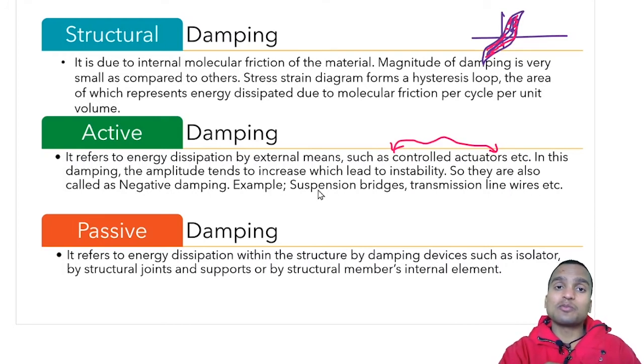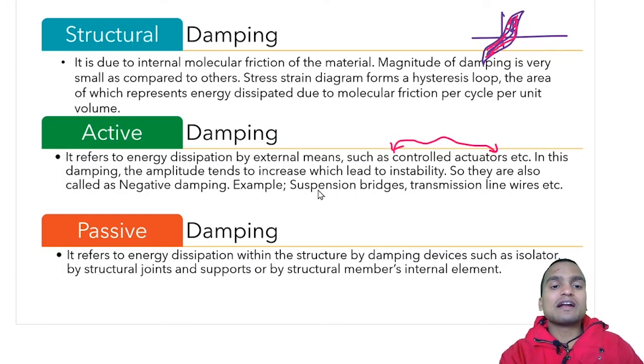When amplitude keeps on increasing, it will lead to instability only. So it is also called negative damping. Sometimes in some systems active damping starts to occur. And examples are suspension bridges, transmission line wires etc. So these are devices which are installed in them.